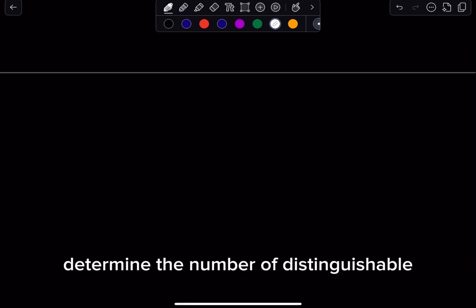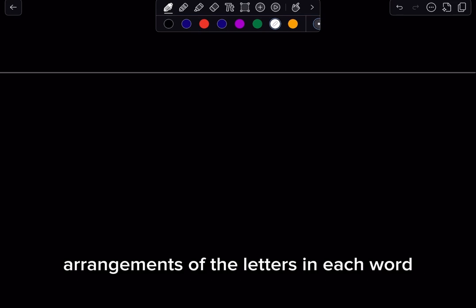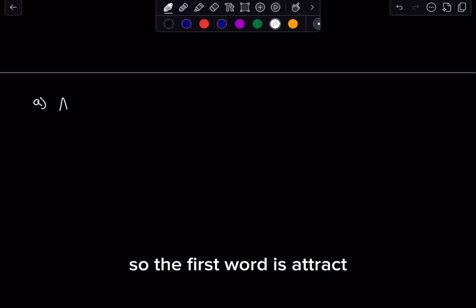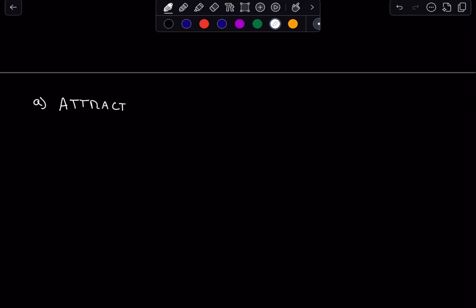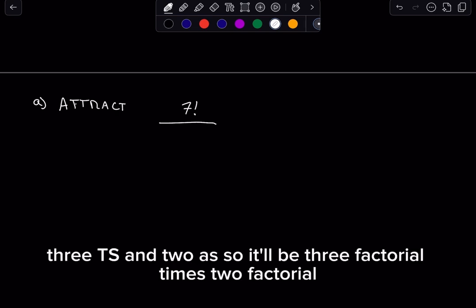Determine the number of distinguishable arrangements of the letters in each word. So the first word is attract. Well, we have 1, 2, 3, 4, 5, 6, 7 letters, and we contain 3 t's and 2 a's.